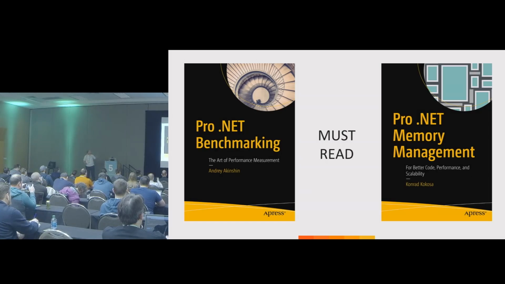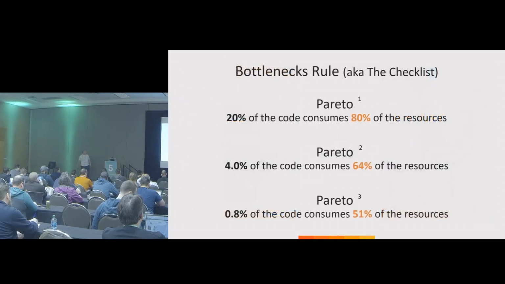This one, Pro .NET Benchmarking from Andrey Akinshin, is going to be available in September. I know it's good because I read the draft. The other one is about dealing with memory, like understanding the memory model of .NET and actually working around it. So that one is already available.